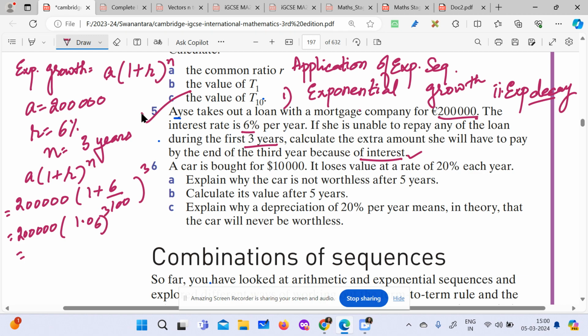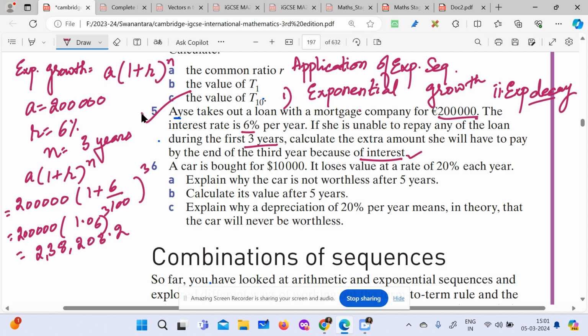When you solve this you will get 238,203.2. So this is the amount you are getting after 3 years, and this amount also includes your principal amount.